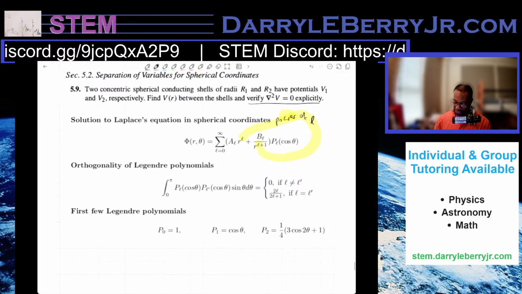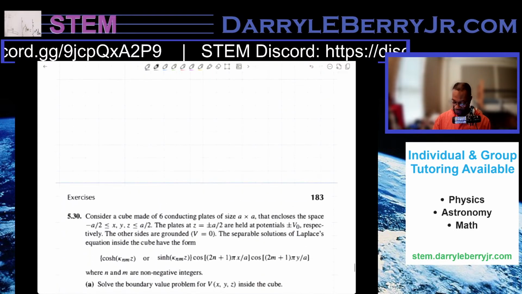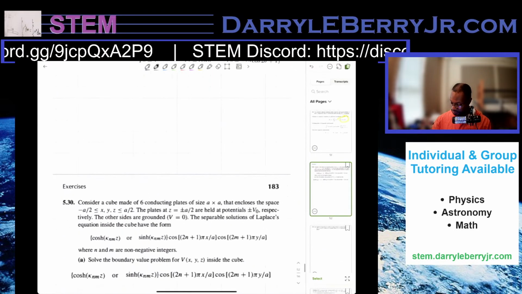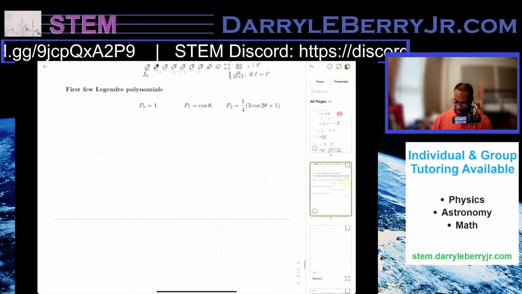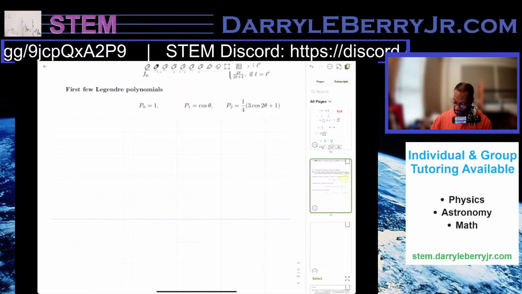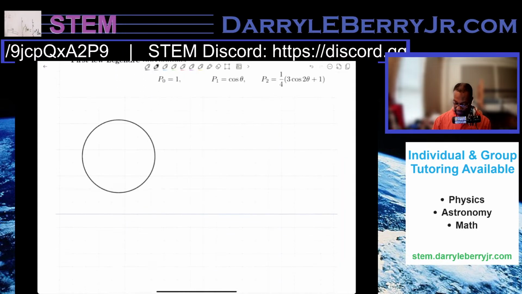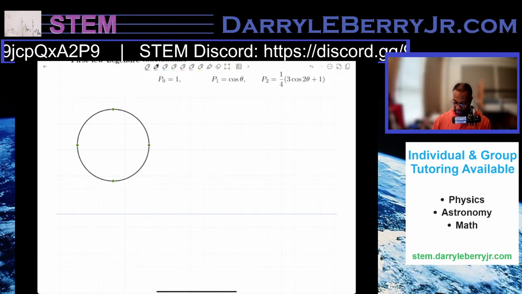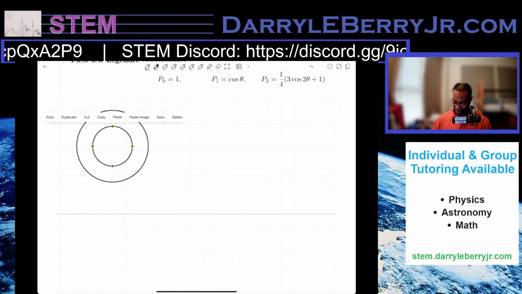We have two concentric spherical shells of radius R1 and R2 with potentials V1 and V2. So we have this and another one on the inside.